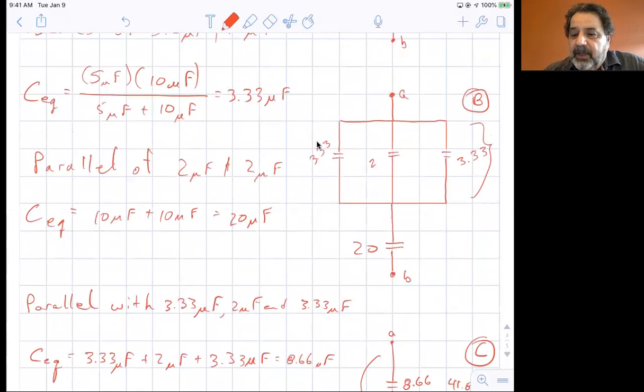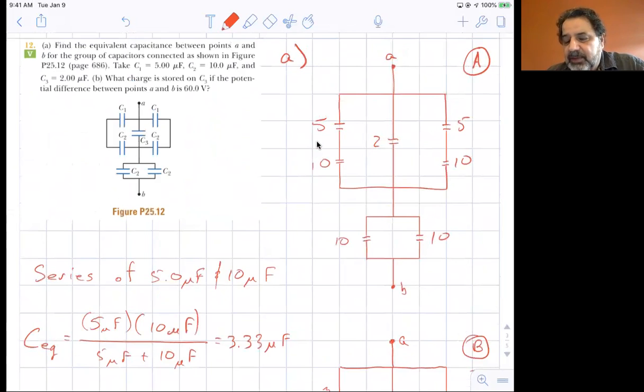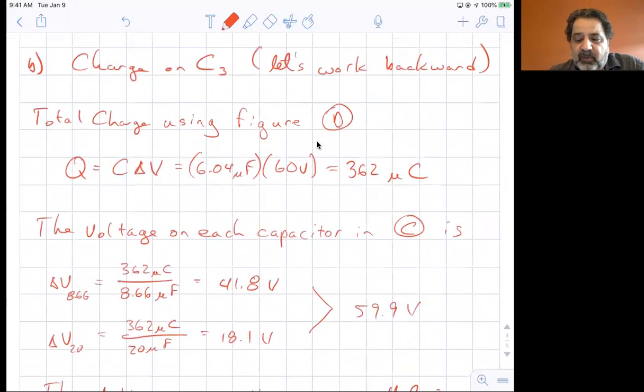Now, it's 41.8 across the 3.3, across the 2, and across the 3.3. Really, the 3.3 is just a 5 and 10, but we're only worried about this 2 here. Since we have 41.8 volts across this upper tank, that's all we have to calculate.